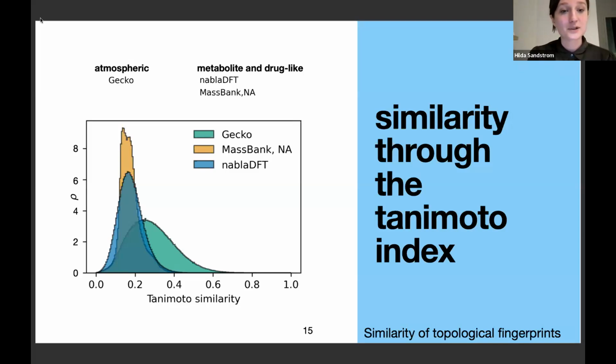What instead stands out is that we have a larger standard deviation for the distribution of similarities within the Gecko dataset compared to these other ones. And in particular, the conclusion here is that there is not a large fraction of the MassBank or Nabla DFT that shares many of their features with the Gecko molecules.